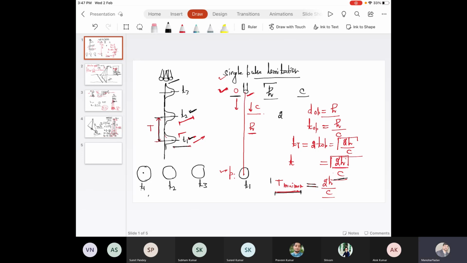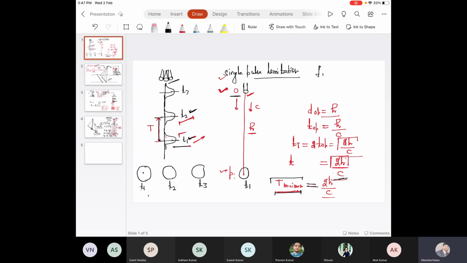Okay. And now this governed, this we have already derived the relation between time period and pulse firing rate.